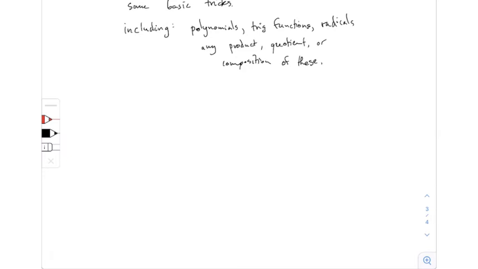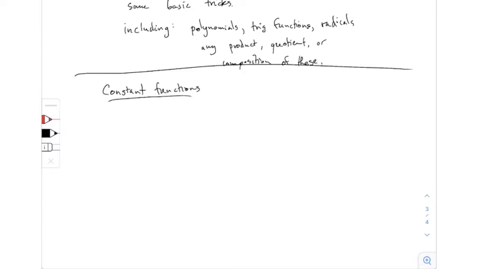Anyway, we're going to build things up slowly to get to increasingly more complicated functions. Let's talk about the simplest functions there are, constant functions. All of the tricks will be based on figuring out the derivative of some very simple form of a function and then realizing that you can apply that derivative over and over again in other contexts.